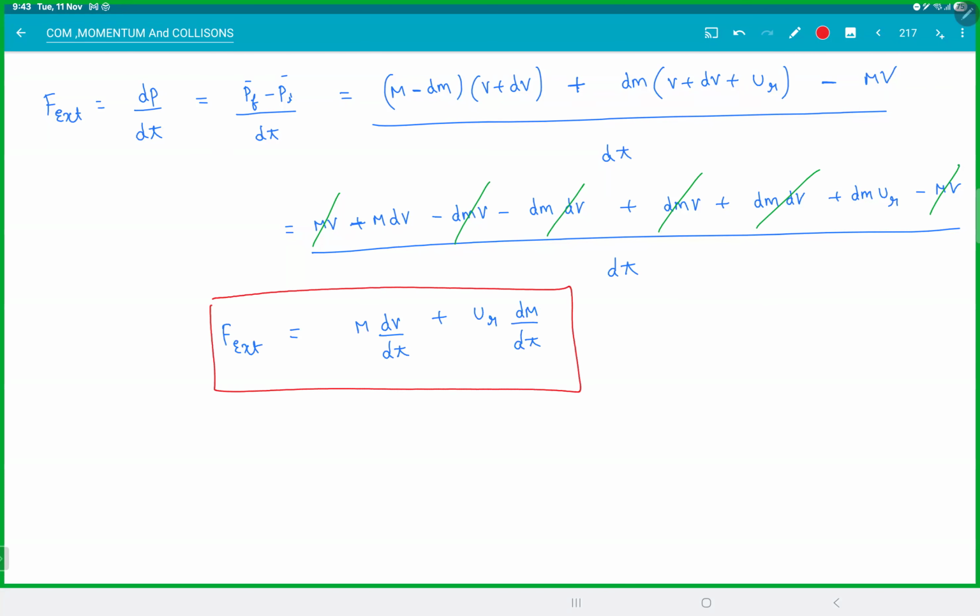Now this is important. This thing actually looks like the second law of motion, but there's a small variation here, that u is the relative velocity. So there are two components here.